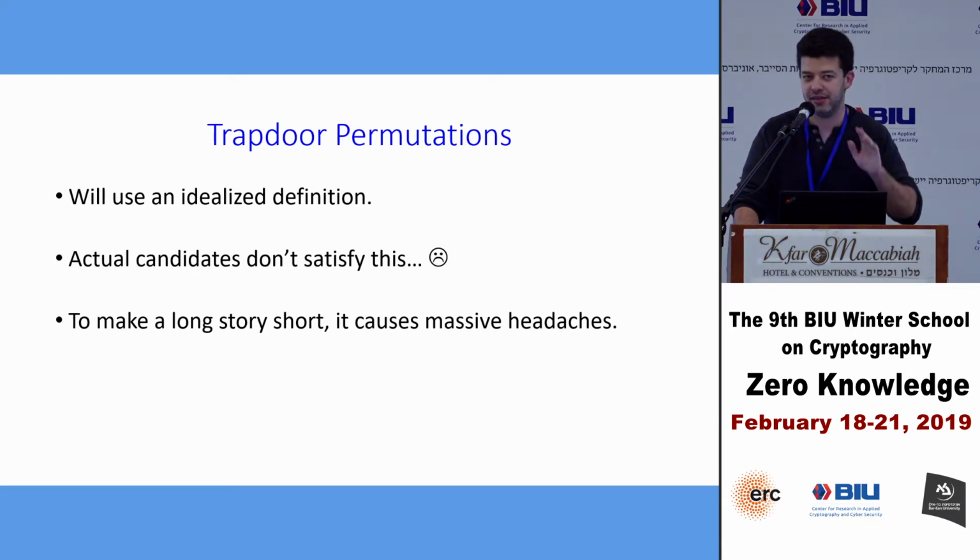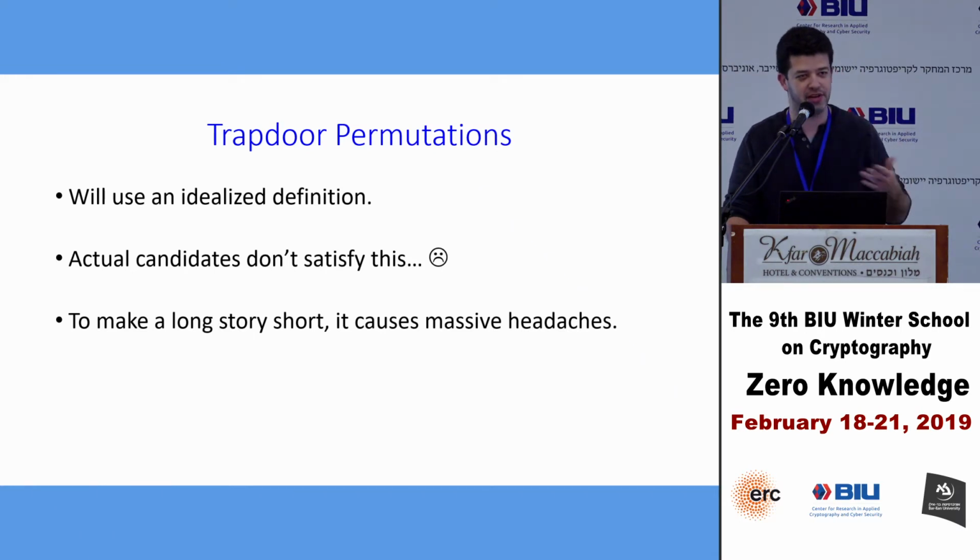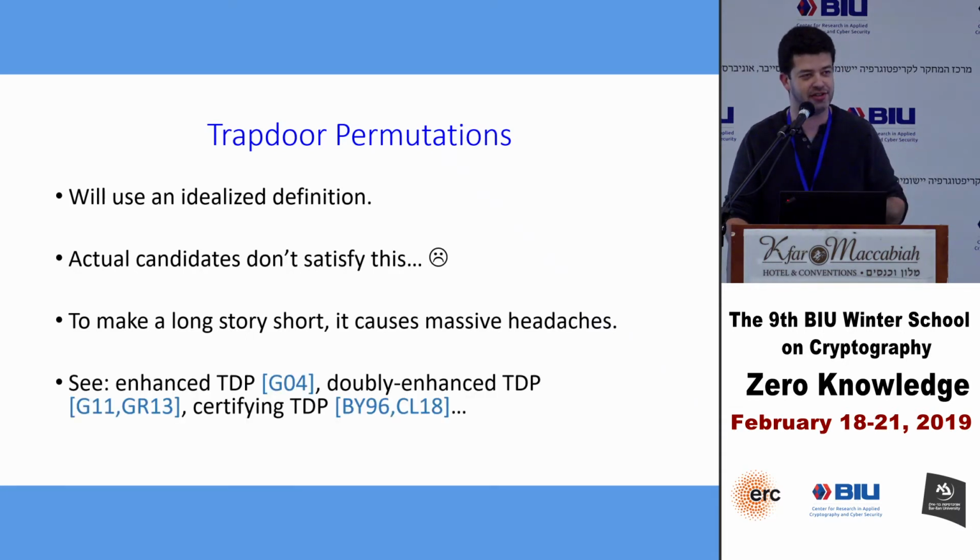So that's sad, but it's for me to worry about and not for you. So it's really annoying. That's the sad news. The good news is that it generates a lot of papers. So if you're interested, you're welcome to ask me or look up some of these works, and I can tell you the exact references offline.